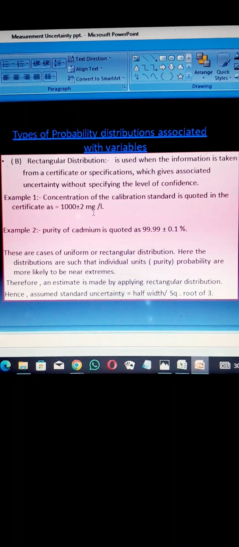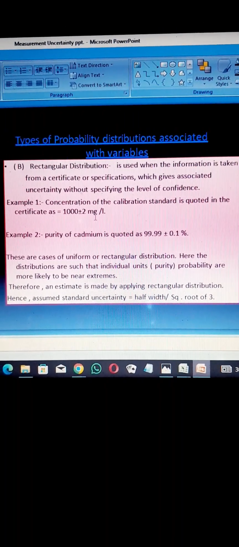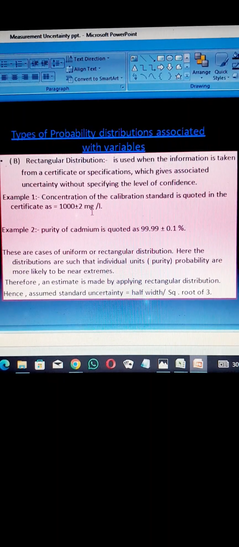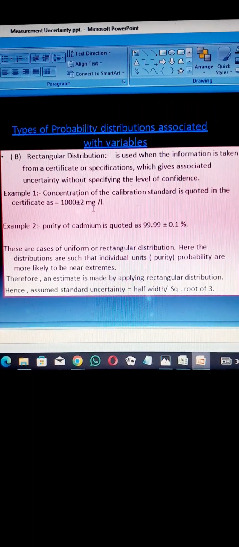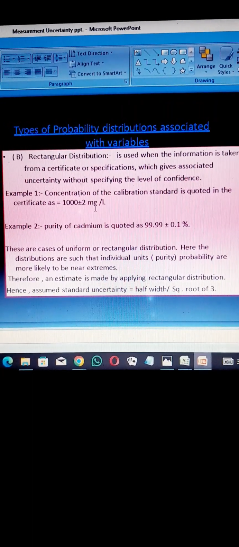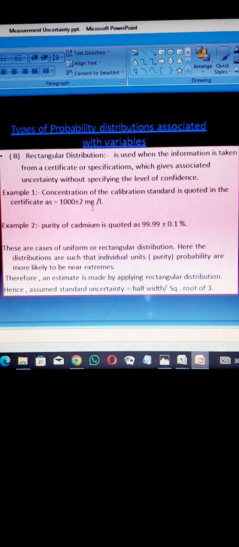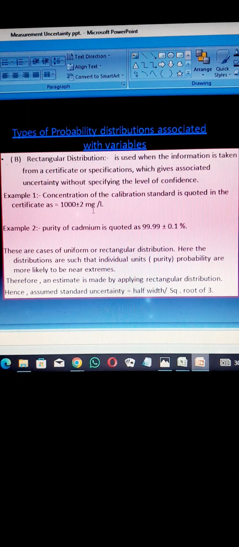Rectangular distribution is used when the information is taken from a certificate or specification which gives an associated uncertainty without specifying the level of confidence. For example, if the concentration of a calibration standard quoted in a certificate is 1000 plus minus 2 mg per liter, or if the purity of cadmium is quoted as 99.99 plus minus 0.1%.